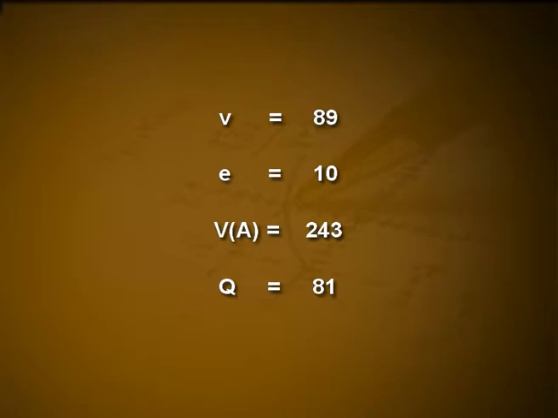Here is an example, Example 4. Let V = 89, E = 10 and V(A) = 243. Then Q = 81. Suppose the voter i had cast his votes A 3, B 3, C 2 and D 2.